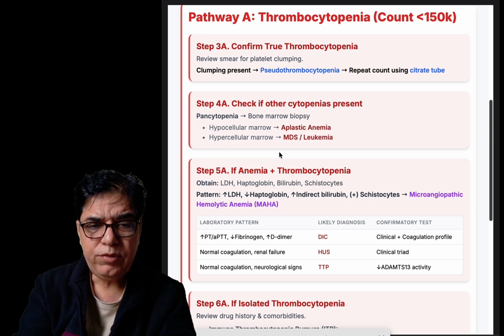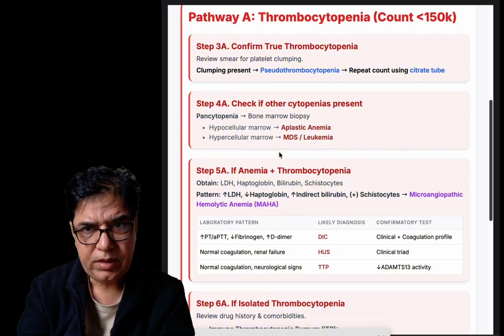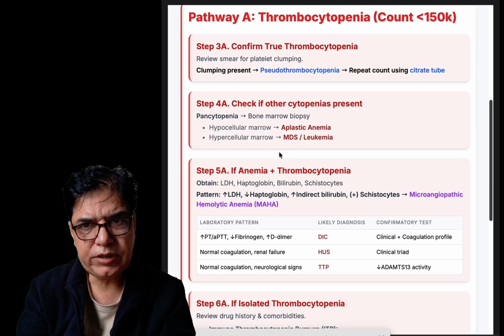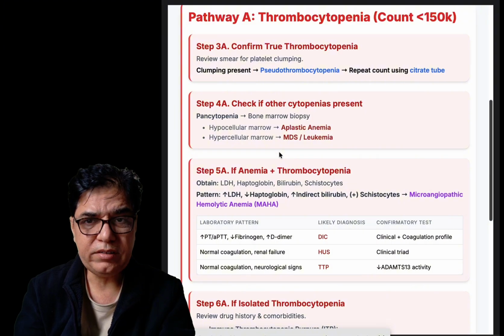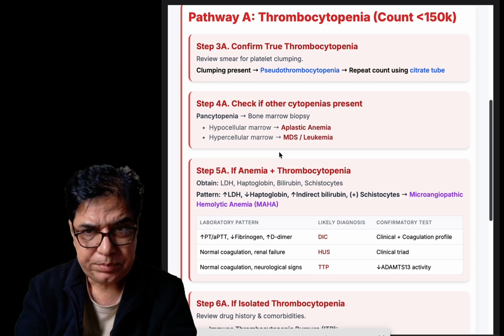So if you have got hemolytic anemia with thrombocytopenia, then you should be thinking of certain types of disorders, like for example hemolytic uremic syndrome, thrombotic thrombocytopenia, or disseminated intravascular coagulation, which is usually a sort of a sequelae of full-blown sepsis.